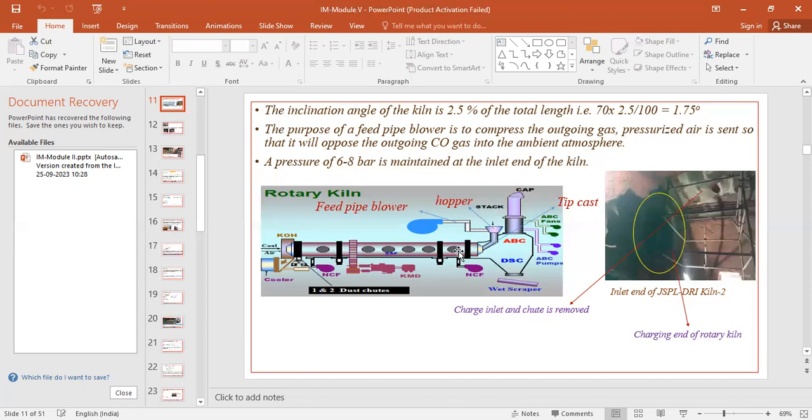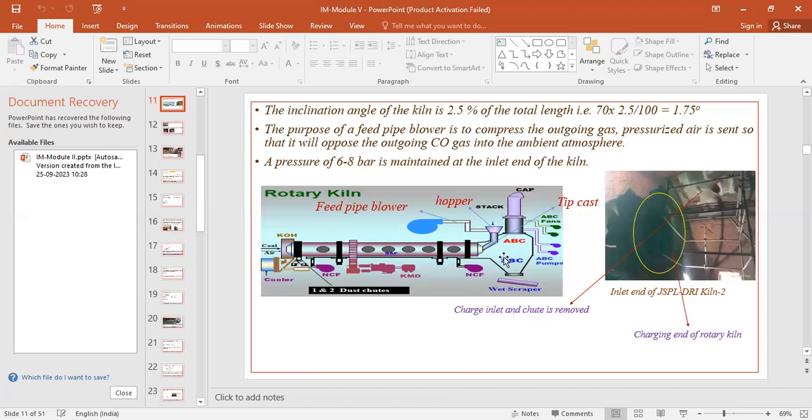So the function of the feed pipe blower is to provide some pressure here, so that the waste heat will not travel in this direction and come out, but instead moves into the settling chamber as well as air.